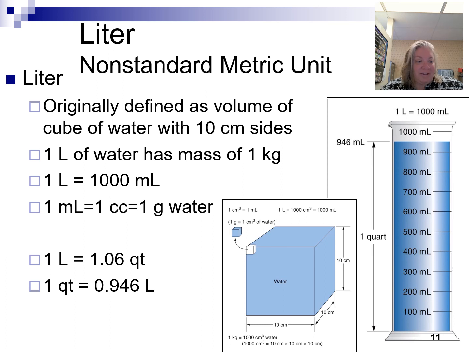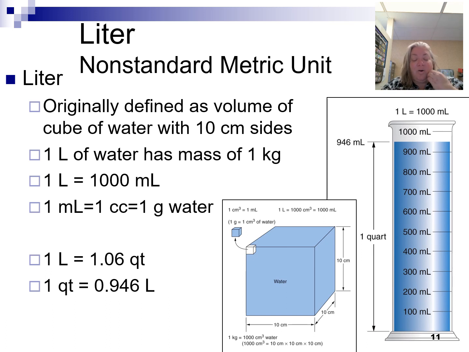Now, what they did is they took a cube of water, 10 centimeters on each side, at its most dense, which is about 4 degrees Celsius, and they found that a cube of water, 10 centimeters on each side, so 10 times 10 times 10, would have a volume of 1,000 cubic centimeters.